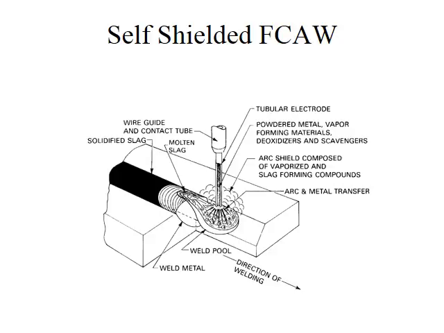It's getting cooked down in the arc, and it's giving off a shielding composed of vaporized and slag forming compounds, and this protects the liquid weld pool from oxygen and nitrogen, which would cause all kinds of deleterious effects on our solidified weld metal if it went that direction.